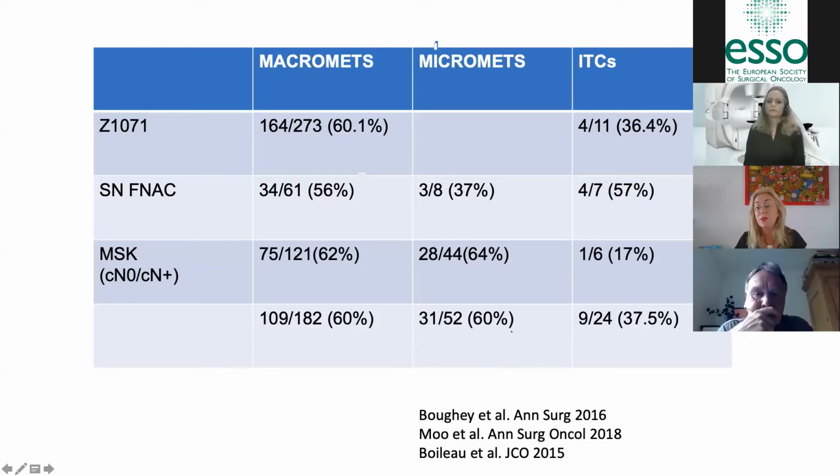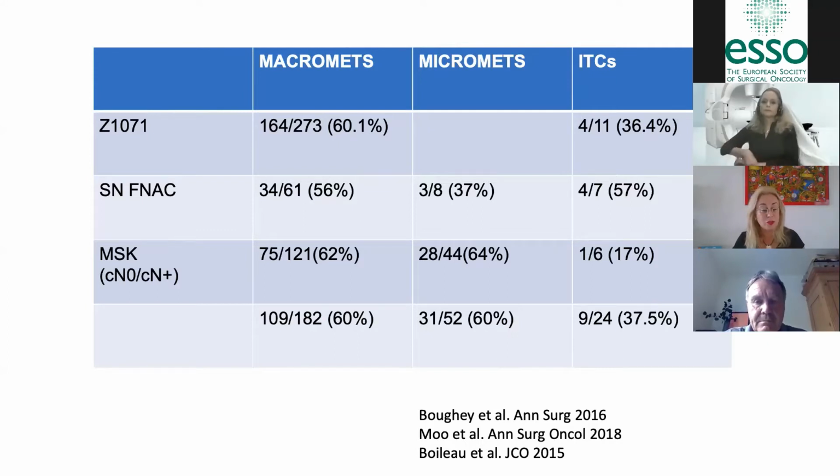Even with isolated tumor cells, the chances of having positive nodes are high. Even though, as you can see here, ITC numbers are very low, you can have as much as 50% of patients with other positive nodes, and it seems that after the neoadjuvant treatment, these patients are the ones who are not responding well to the treatment.